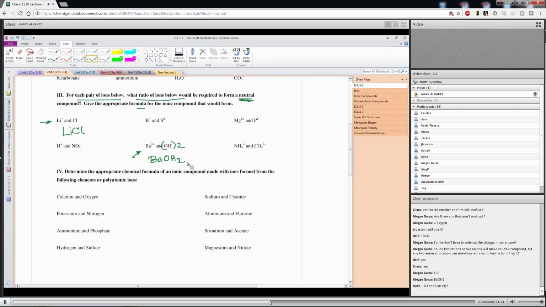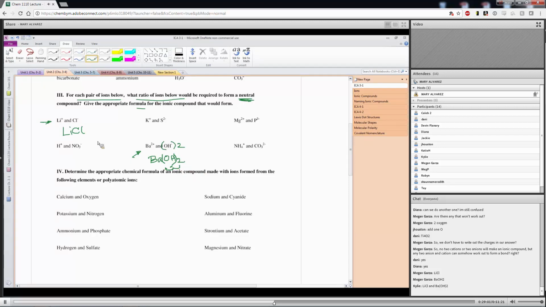In order to make sure that you know and I know that they are 2 hydroxide polyatomic ions and not anything else, then I'm going to put parentheses around there. Like we discovered in last chapter, this parentheses means that this 2 will multiply through, just like it does in math. So I've got 2 of that polyatomic ion attached to the barium.